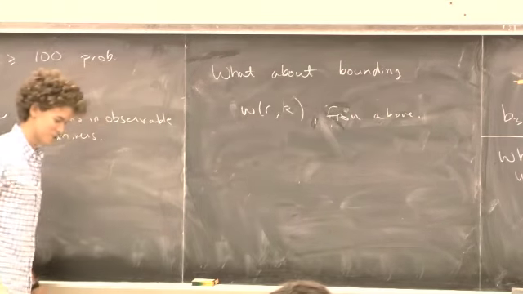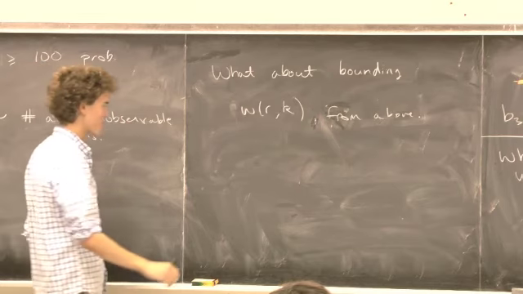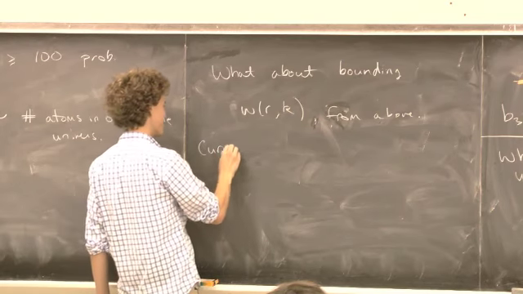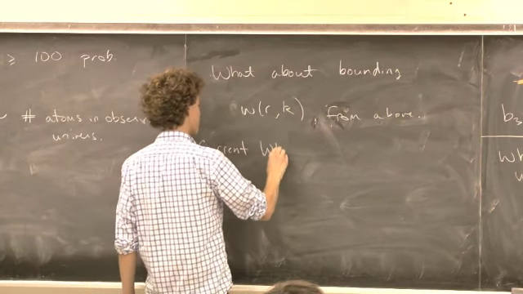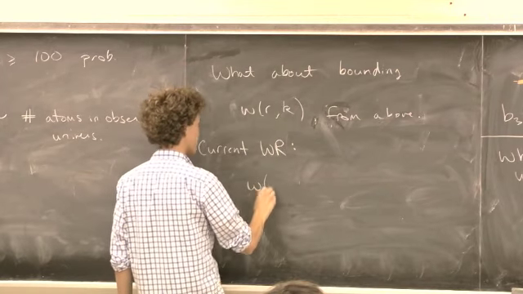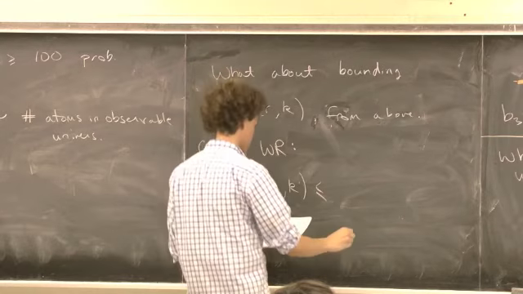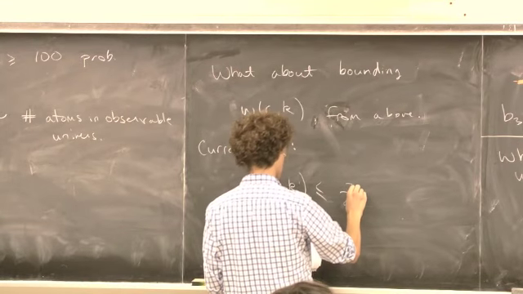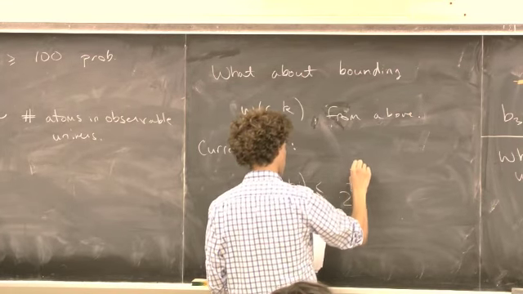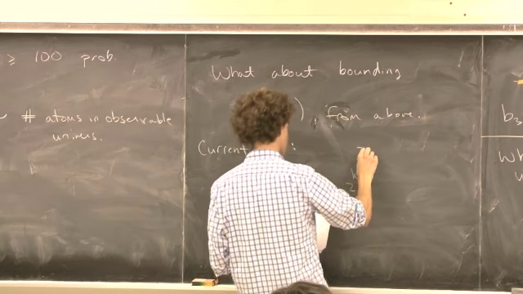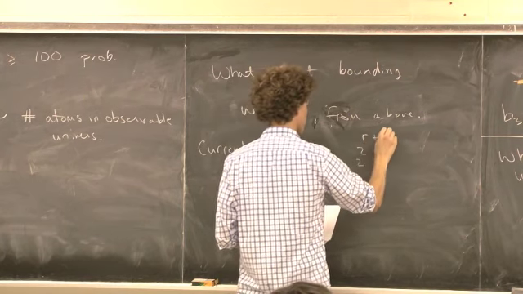Alex always likes to say this when he's talking about bounds. The current world record for an upper bound is 2 to the 2 to the k to the 2 to the 2 to the r plus 1.